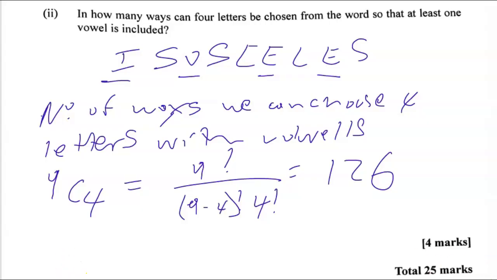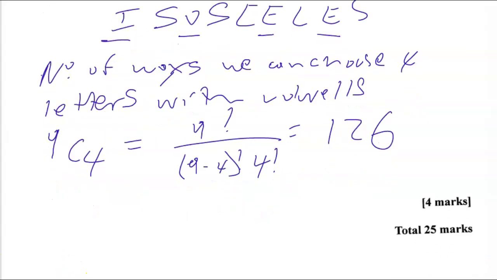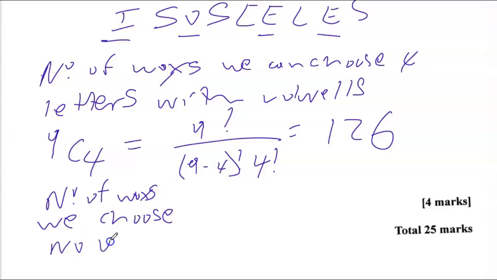Let's work out the number of ways we can choose no vowels. If we look back at the word isosceles, choosing no vowels means you're choosing from the consonants.